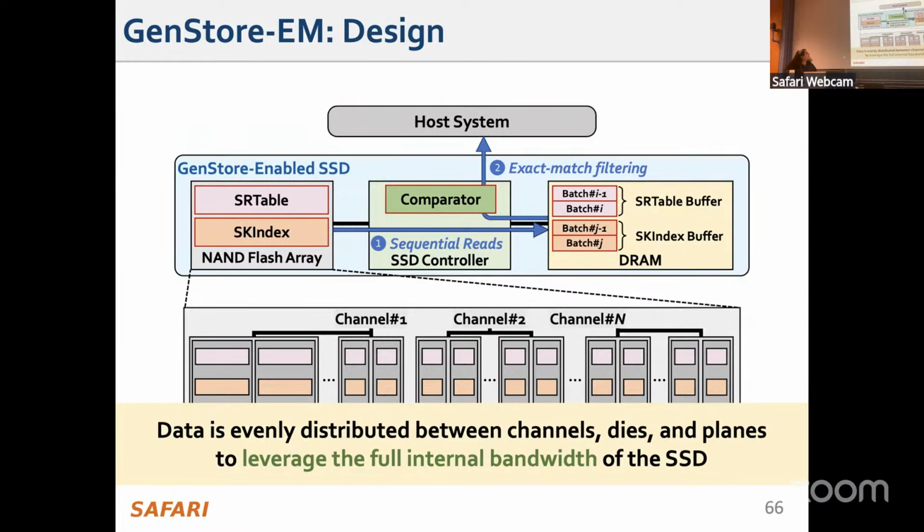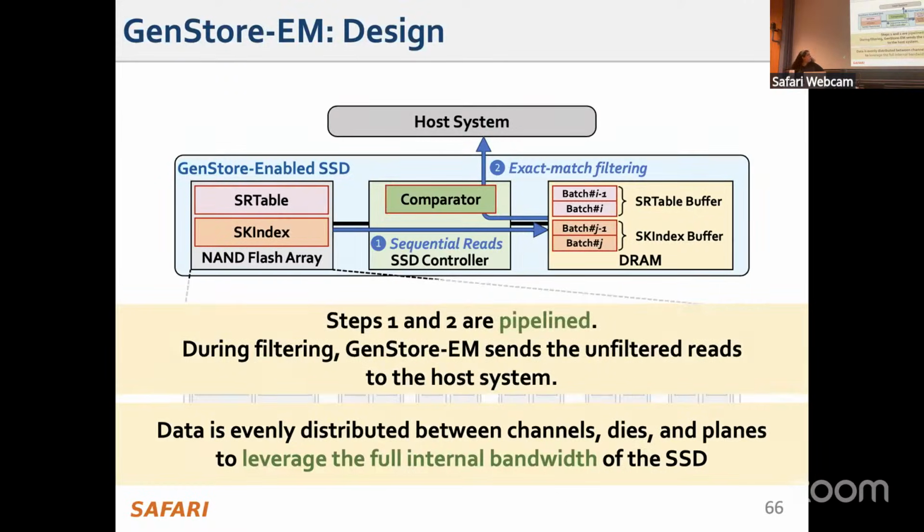And it goes through the comparator, and whatever doesn't get filtered goes to the host system or any other system that is doing your read mapping, right? These two steps are pipelined, meaning that while we are doing filtering in GenStore EM, we can send unfiltered reads to the host system. Think about the SSD controller: it already has a lot of complex hardware units in it. So just a simple comparator, with some changes to the firmware, can help us get rid of a lot of data.